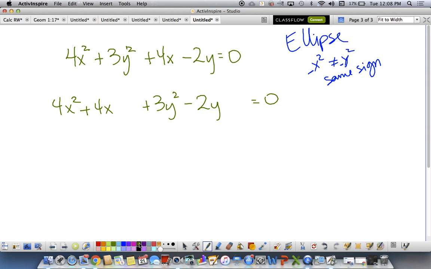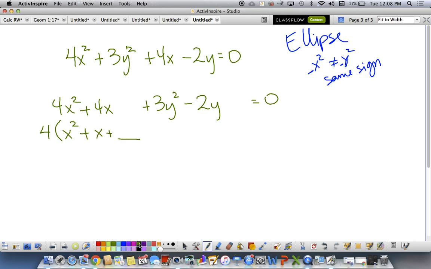Divide everything, or maybe factor the 4 out. This 4 cannot stay there. So factor out that 4 so that your x squared is by itself. Should I factor out that 4 also? Yes, because I'm putting it in parentheses.